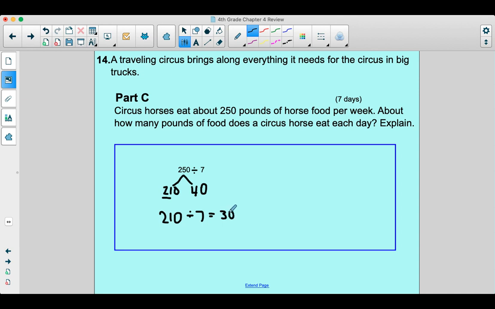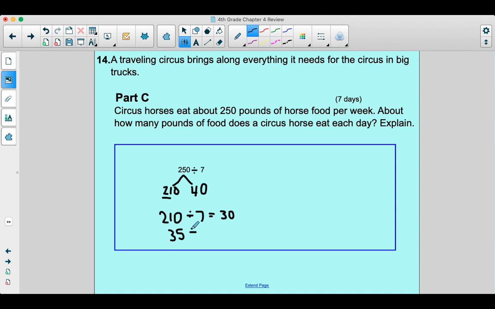Now, I've got 40 divided by 7. That's not going to be a friendly fact, right? But I also know that 35 divided by 7 is 5. And I also know 7 times 6 is 42. So those are basic friendly facts that you could use to help yourself. So I know that the horse is probably going to eat, let's see, I'm going to do 35 divided by 7.